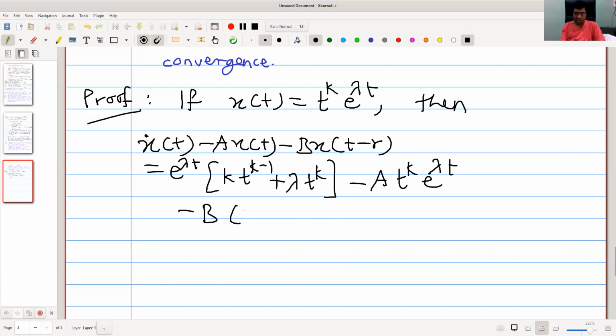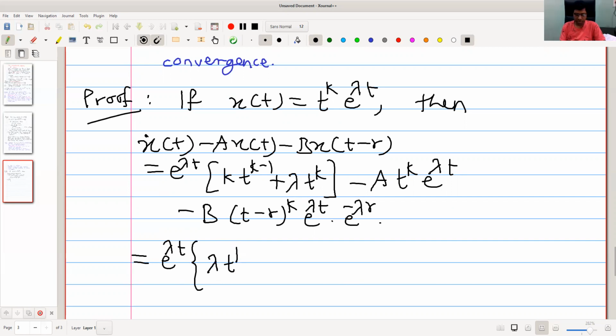So it is t minus r raised to k into e raised to lambda t minus r, so it is e raised to lambda t into e raised to minus lambda r. We simplify this. This is equal to e raised to lambda t, which will be common, into t raised to k into lambda.